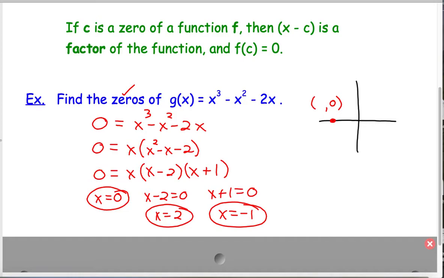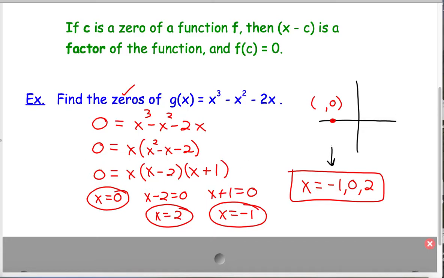And if you list it, by the way, if you just wrote them all like this, that would be fine as well. Those are all the zeros. So notice, let's say here, x equals 2 is a zero of this function. That means that x minus 2 has to be one of the factors.